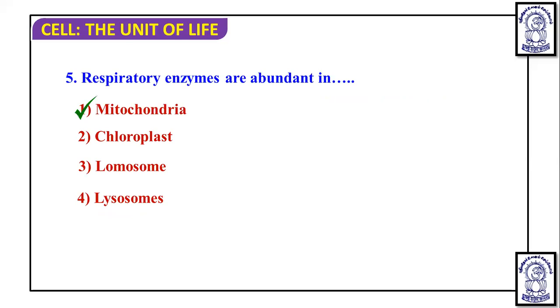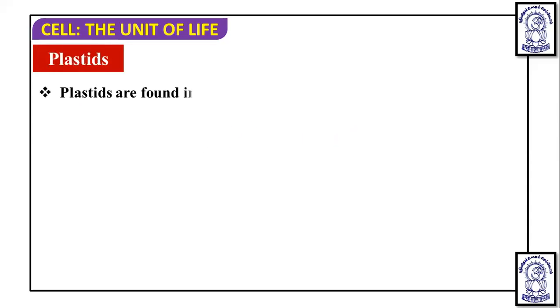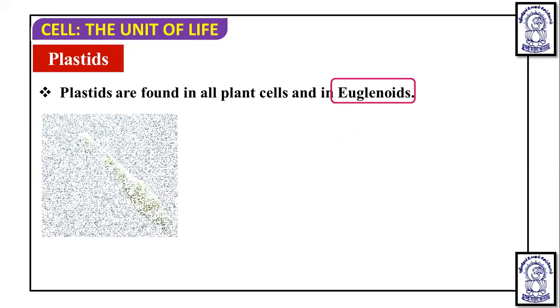Okay, so this is all about mitochondria in detail. Now we are going to discuss the plastids. Plastids are found in plant cells and euglenoids.